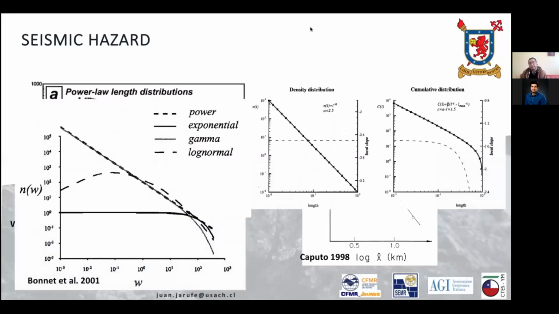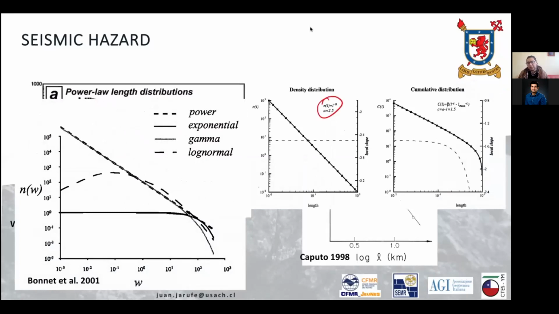However, Bonnet and others in 2001 found that the model that best represents the fracturing of rock mass, the size of the fracture, is a power law distribution. That is the one that you can see there.